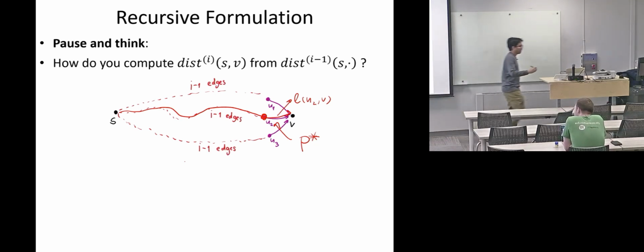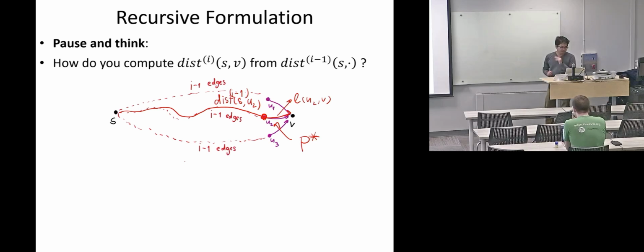So the length here is going to be the distance from S to U2, and it's going to use exactly I-1 hops, if this is the shortest path that uses exactly I hops.